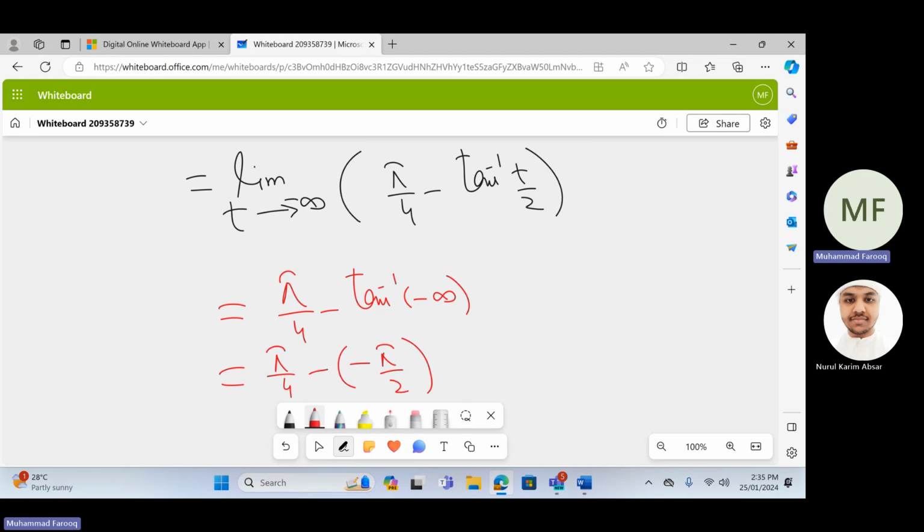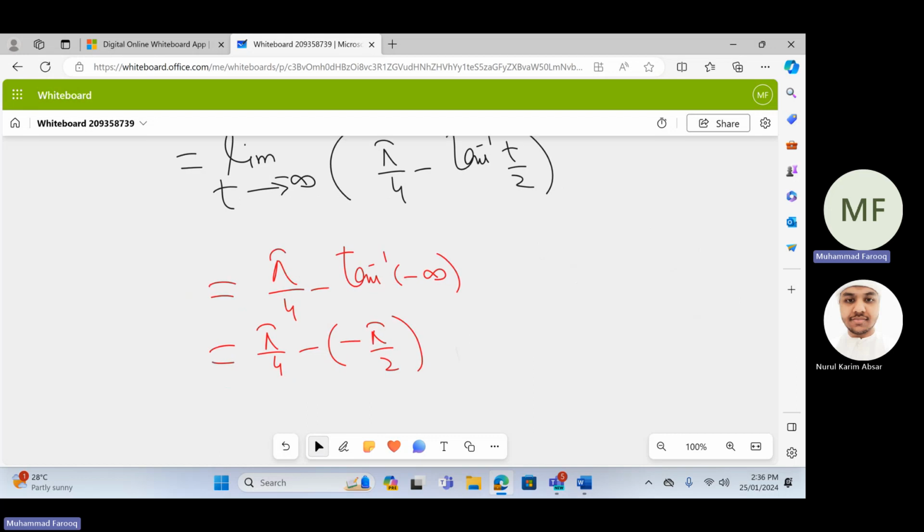How do you know? Because at pi/2 it is undefined, infinity. So please note down, if tan inverse has positive infinity, its answer is positive pi by 2. If it has negative infinity, its answer is negative pi by 2. Hope you understand. Now, please, what is the final answer?